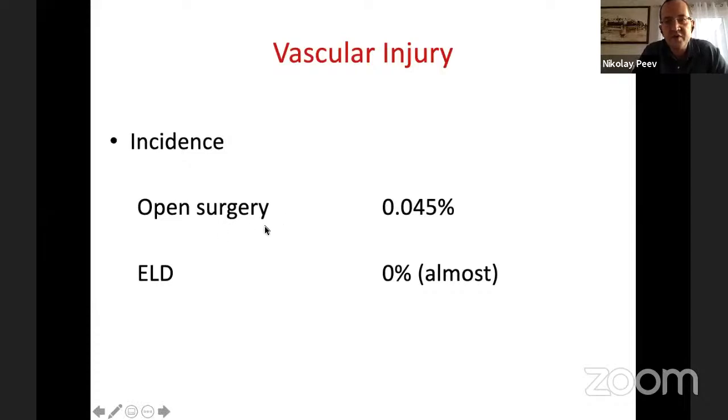Obviously, with open surgery, despite it happening very rarely, about 4 to 5 over 100,000 surgeries, this could be devastating, and you can lose your patient. With endoscopic disc surgery, you can almost zero this percentage, and this is one of the reasons why you would consider it.